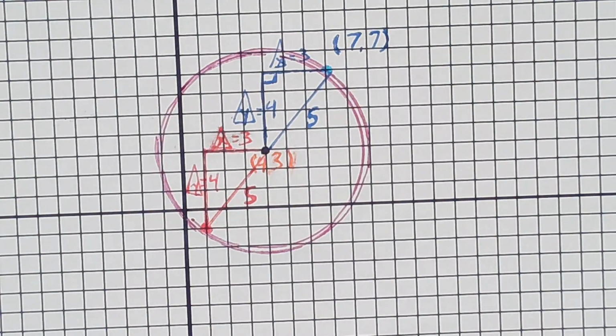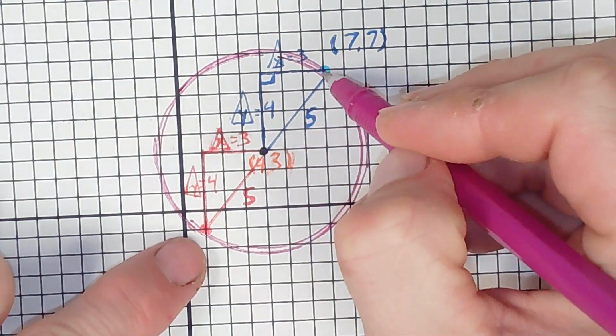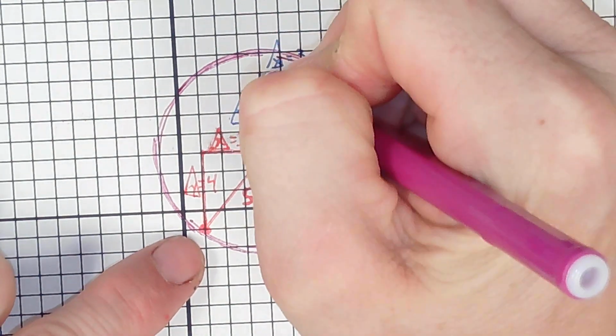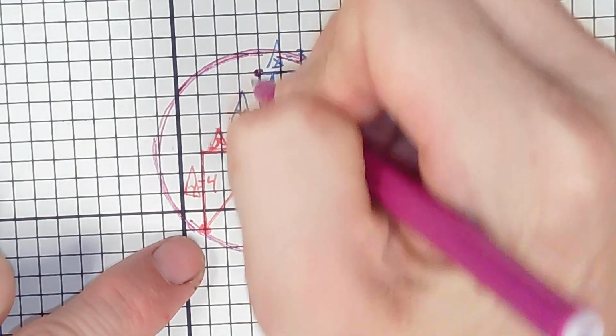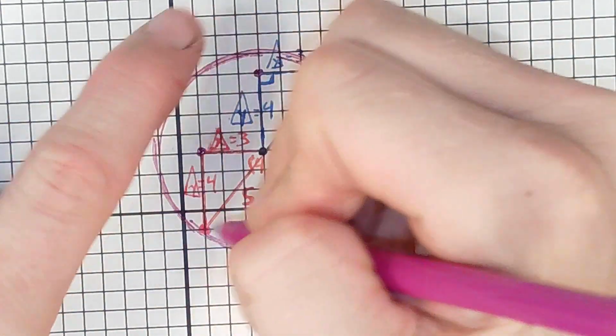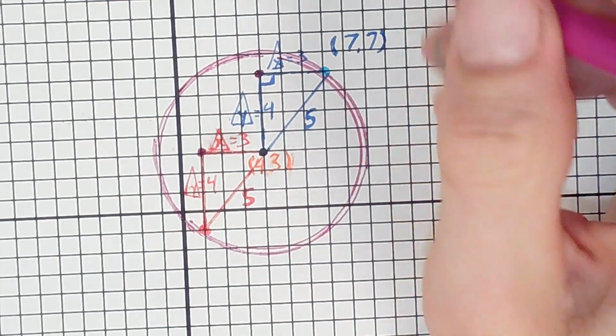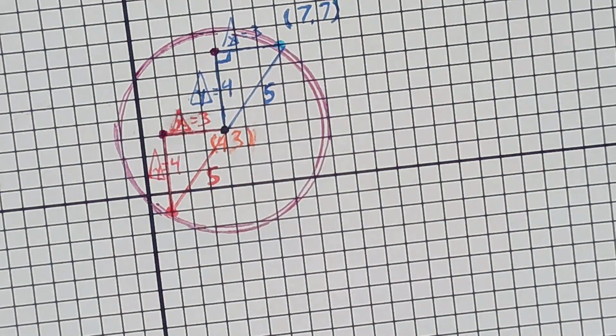Going through those, what I did was take that radius, and imagine I took the attached triangles of those radii and dragged them around. Imagine to yourself, I'm dragging those triangles around.